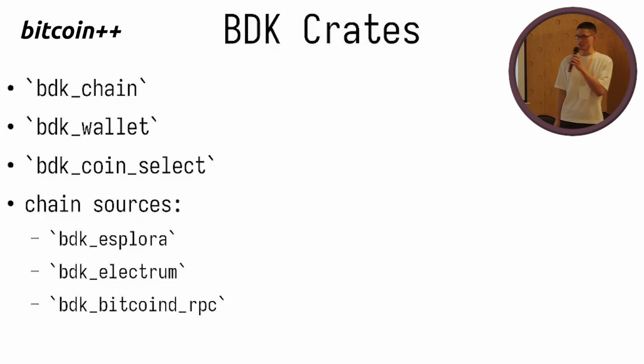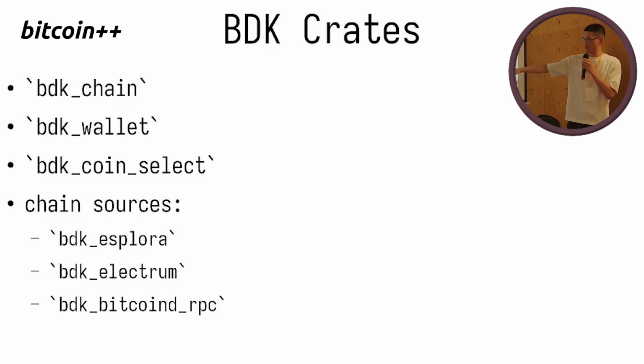And then the chain sources. This is where BDK chain and BDK wallet get the wallet data from. We have script pubkey based chain sources, which are APIs where we give them the script pubkey or address, and they send back the history of transactions based on it. So transactions that send to and receive from the script pubkey or addresses.